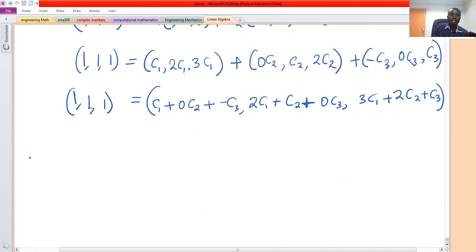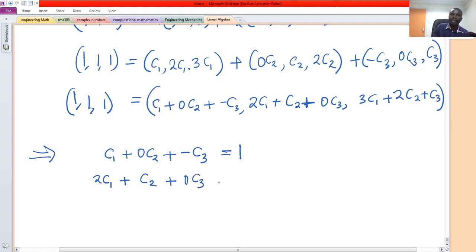So this implies that C1 plus 0 C2 plus minus C3 is given by 1. And then the second one, 2C1 plus C2 plus 0 C3 should be the same as this second element on the left.